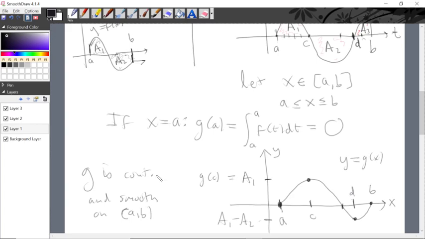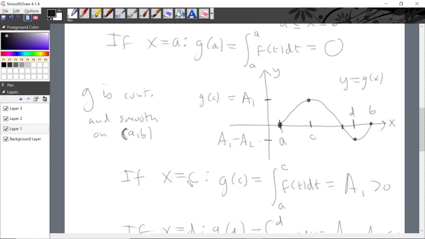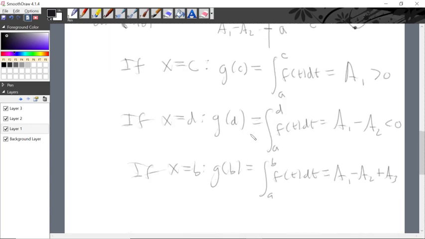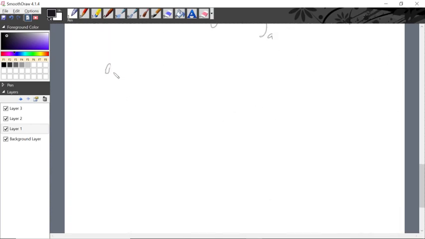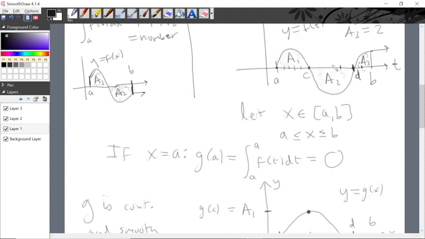It's continuous on the closed interval a to b, but it is smooth on the open interval from a to b. That is, g prime of x would exist, right? G is a function of x, so we can find the derivative of g. Okay. So g prime exists on the open interval from a to b, because we had a function that was integrable.